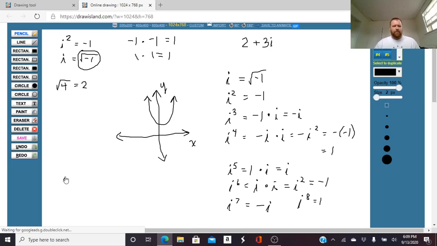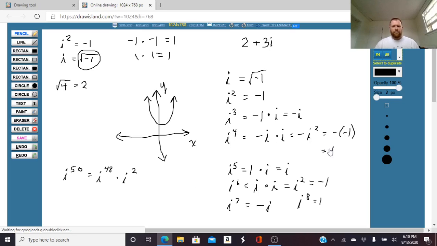So in today's assignment, you're going to have to look at, let's talk about i to the 50th power. What does that equal? Well, if we know our properties of exponents, we can break that apart into i to the 48th power, that's divisible by 4 exactly, times i squared. So anything divisible by 4 exactly is equal to 1.